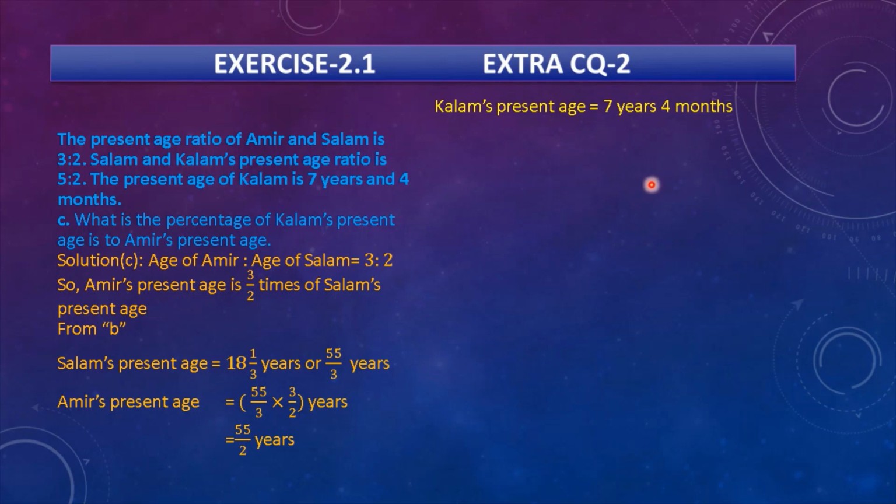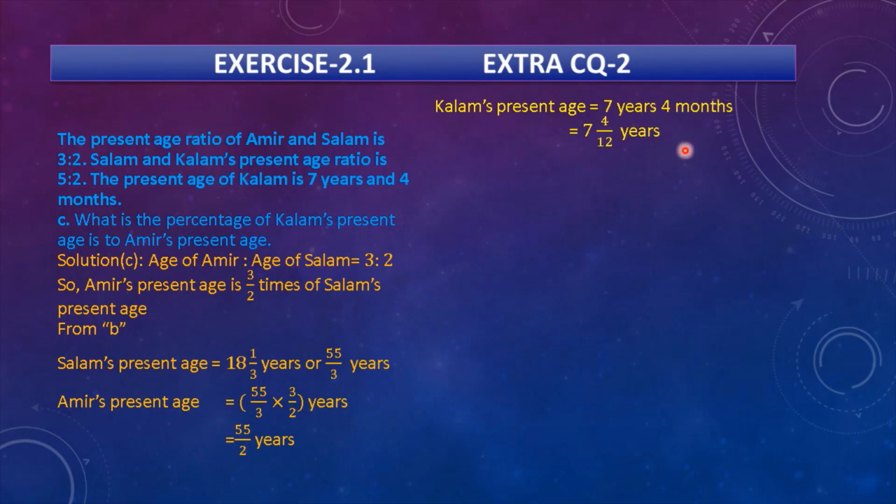Earlier we converted it only to months, but now we will convert it to years. Why? Because Amir's present age is in years. That's why we will convert Kalam's present age to years. Now 7 whole 4 divided by 12, because we know 1 year equals 12 months.